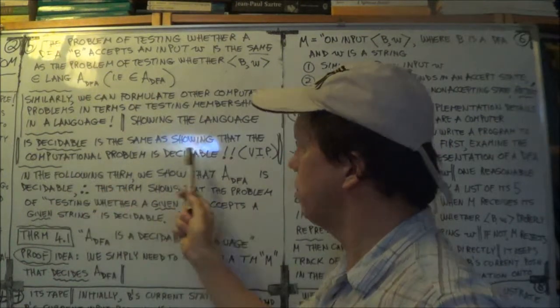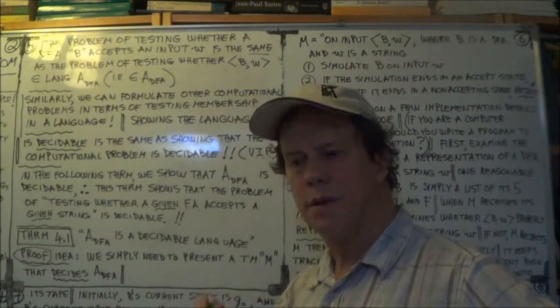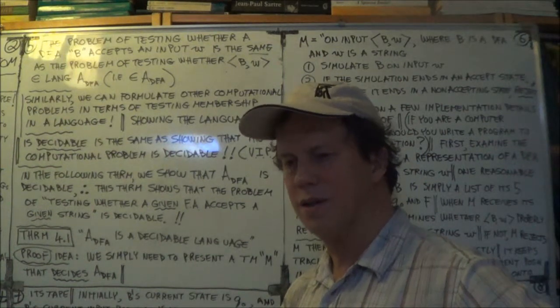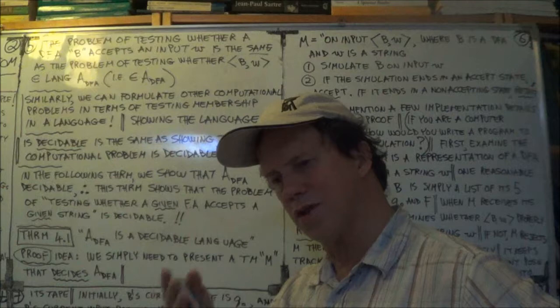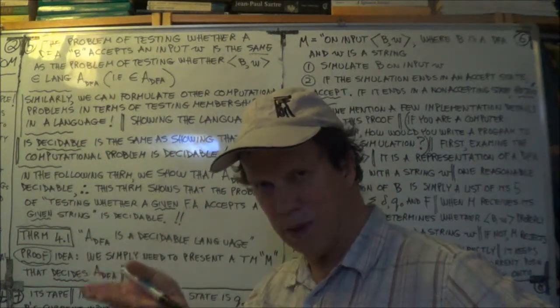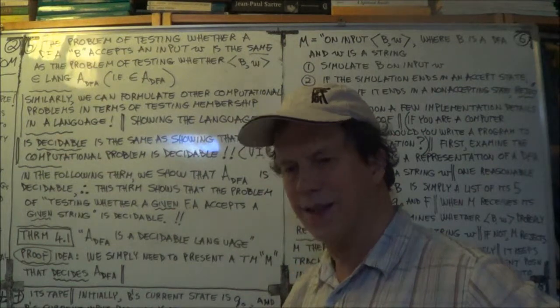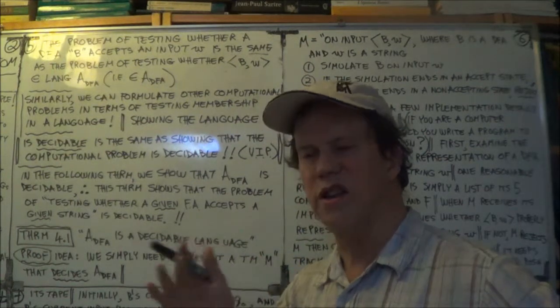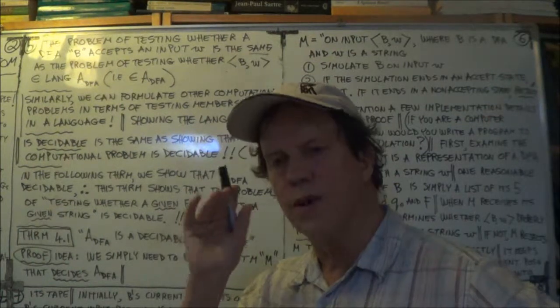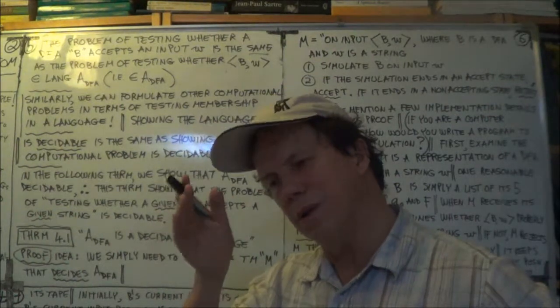If the computational problem is decidable, that means the Turing machine makes the decision on it. Is the string accepted by the machine or is it rejected by the machine? That's what's meant by the Turing machine deciding. In other words, the Turing machine never loops. It's a decider. It will always terminate. It may take a long time, but it will always terminate.